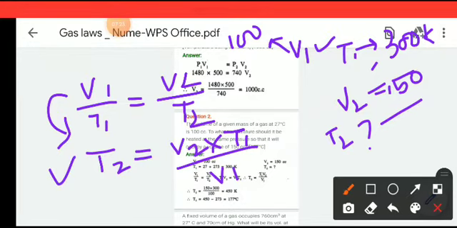After getting the value of T2 in the Kelvin scale, we can convert the temperature T2 into the degree Celsius scale as well by deducting 273, and we will get the value of the T2 temperature in degree Celsius.